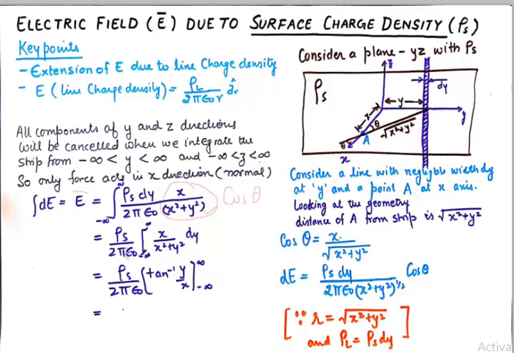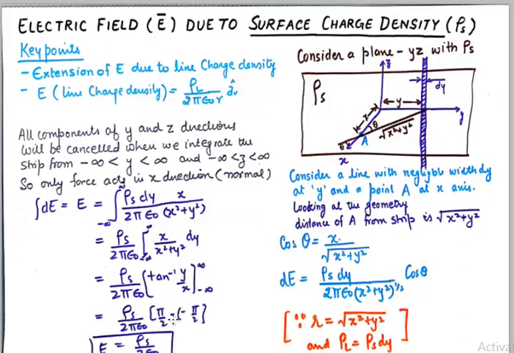So I've taken out rho s upon 2 pi epsilon naught outside, and then I have this integration from minus infinity to infinity, x upon x square plus y square dy, which gives me tan inverse y by x, and the limits are minus infinity to infinity.